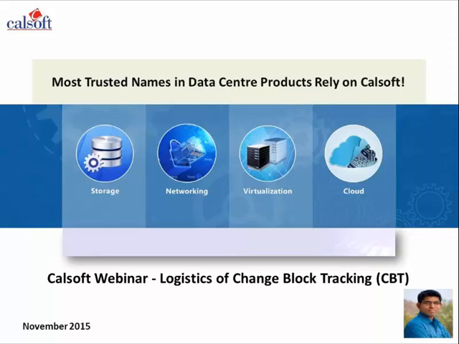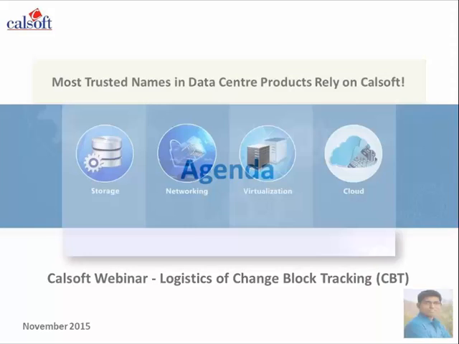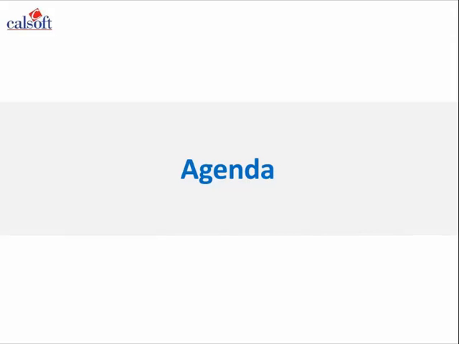Welcome all. Today we are going to talk about change block tracking, why it is needed, considerations while implementing change block tracking, and some logistics around it. Recently, we have seen a lot of interest in implementing change block tracking from the storage industry. Look at VMware.